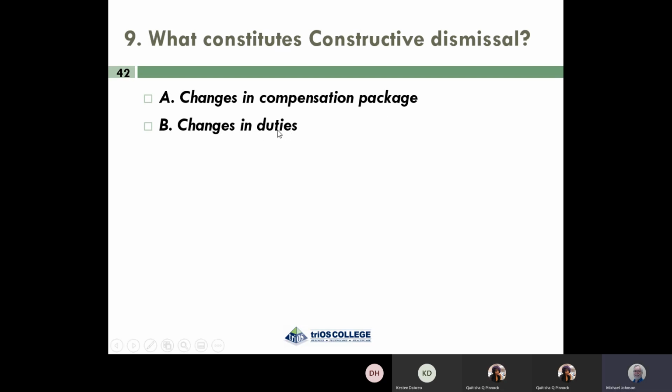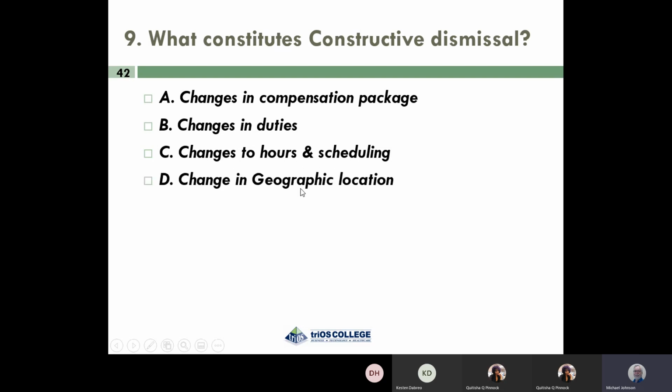The changes in duty, which is a big issue, because once again, you can't hold somebody responsible for something that isn't defined in their contract. So changes of hours, again, these are things defined within a contract, so hours and scheduling, and also geographic location, which is also part of your contract.